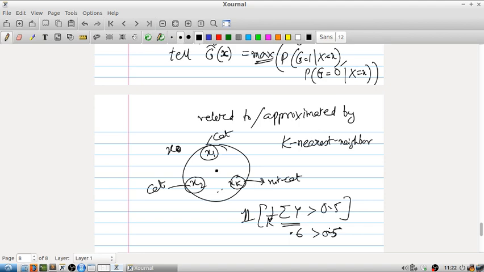So what I'm saying is, k nearest neighbor is still approximating the best thing that you could do if you knew the joint distribution, whereas k nearest neighbor is operating on just training data.